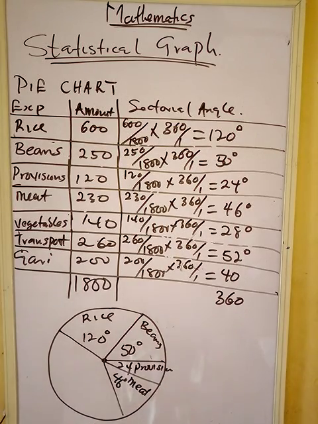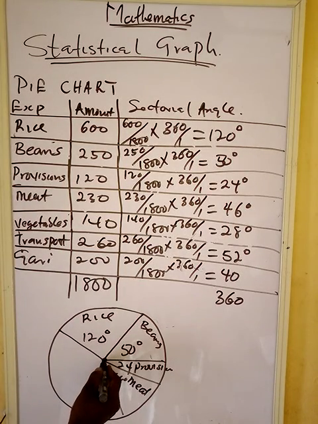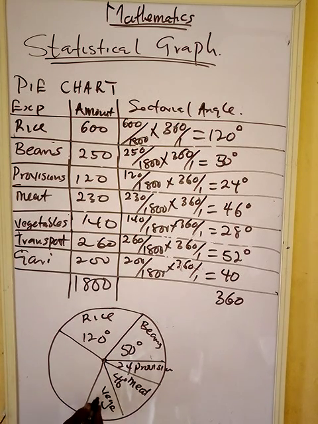After meat, we have vegetables. Vegetables is 28 degree. After vegetables, we have transport.